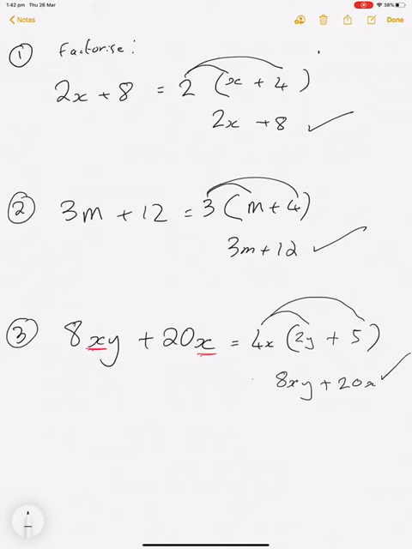Let's have a look at some more complicated examples. Let's do 5 questions this time: questions 4, 5, 6, 7, 8. Let's factorise.